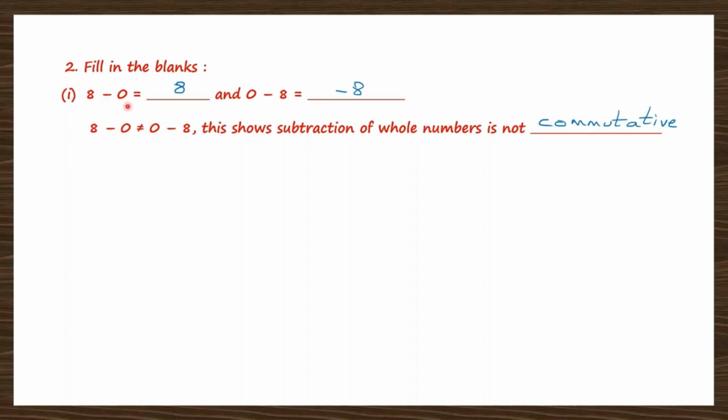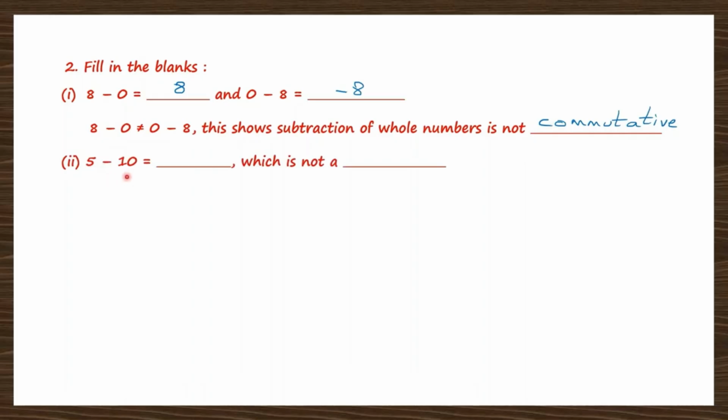That is, when you change the order and subtract, the answers are different. 8 minus 0, when we change the order and put 0 minus 8, the two answers are different. That means subtraction of whole numbers is not commutative, whereas addition is commutative. If you write 8 plus 0 is 8, 0 plus 8 is also 8. So for addition it is commutative, whereas subtraction of whole numbers is not commutative.